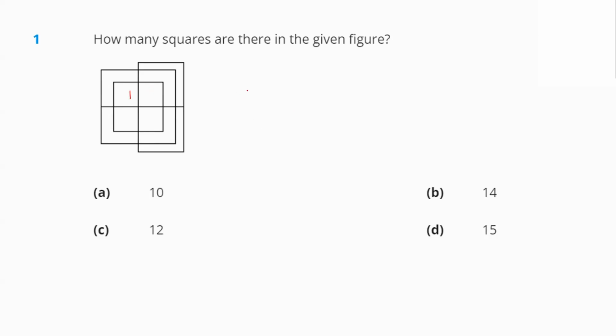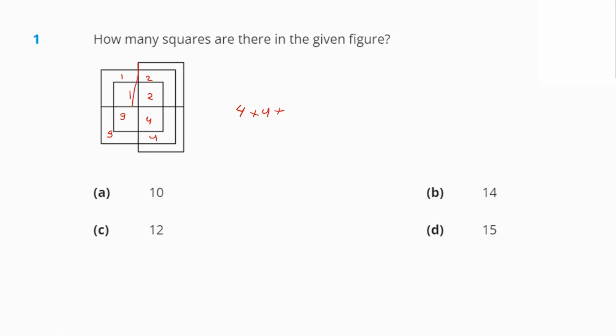1, 2, 3, and 4. So we have 4, plus now some big squares: 1, 2, 3, and 4. So we have 4 more big squares.